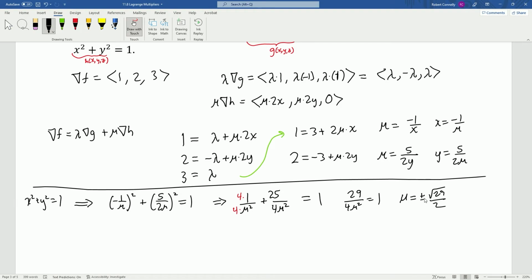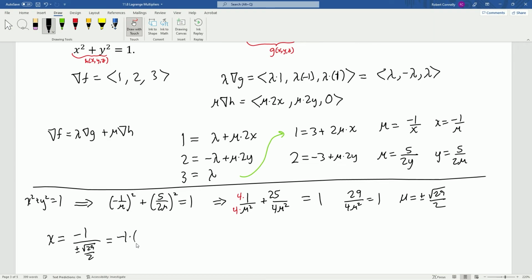So if I know this value for mu, that tells me what my values for x and y are. So let's go ahead and plug that in. Now, it's a little tricky here. We've got x equals negative 1 over plus or minus the square root of 29 over 2. So division is multiplication by the reciprocal.